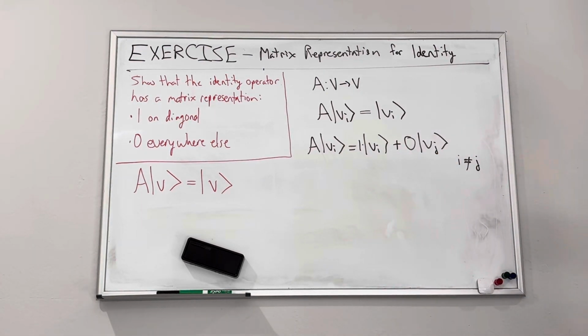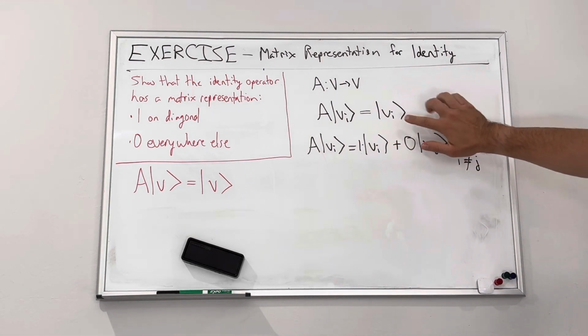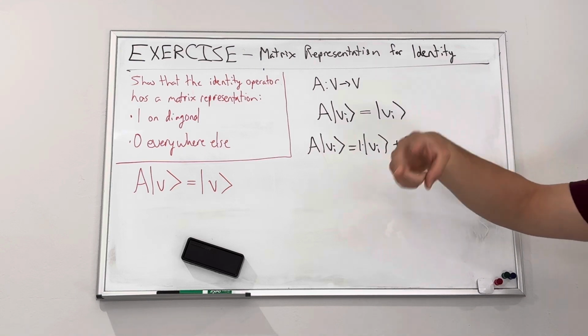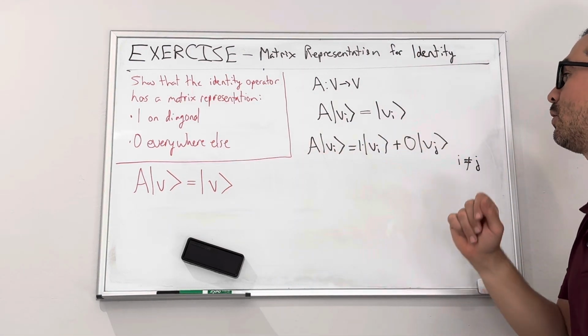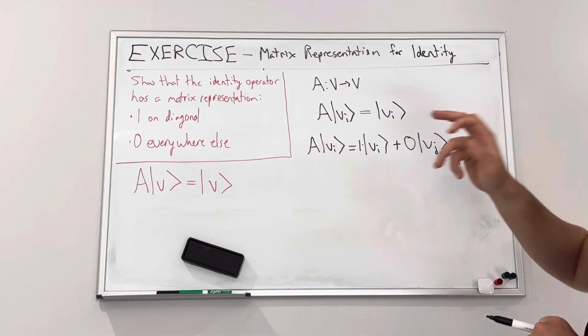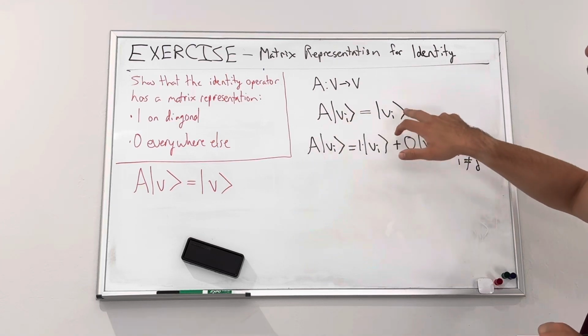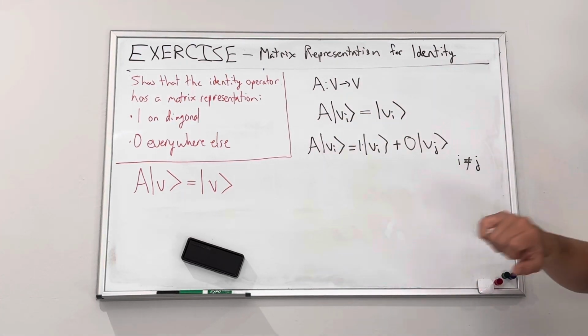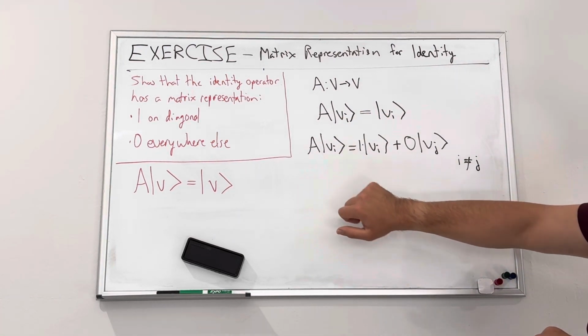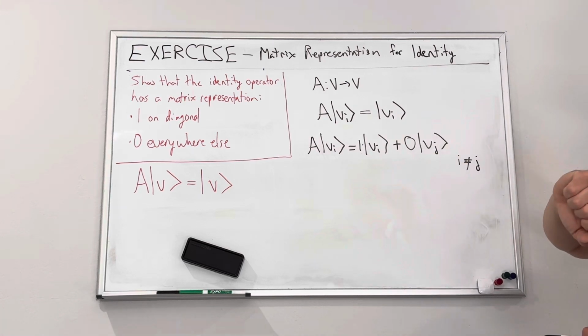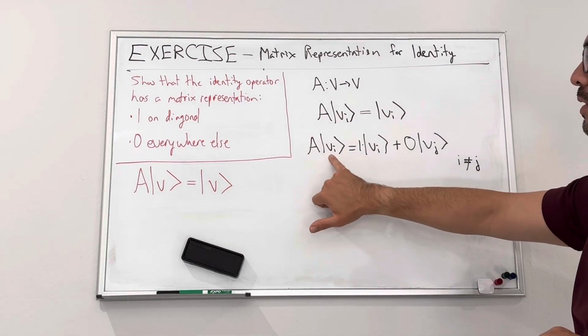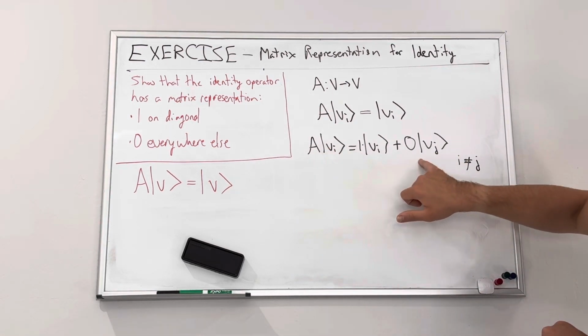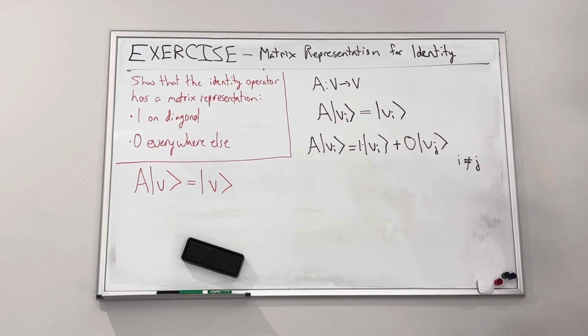Right, so in this vector space V, there are all these basis vectors, V1, V2, V3, V4, V5, whatever. But when I apply A to V1, I only get V1 and I don't get any of the others. If I apply A to V2, I only get V2 and none of the others. If I apply A to V3, I only get V3 and none of the others. That's all that is saying.